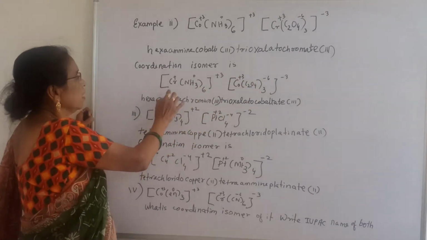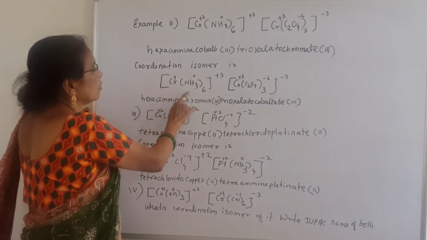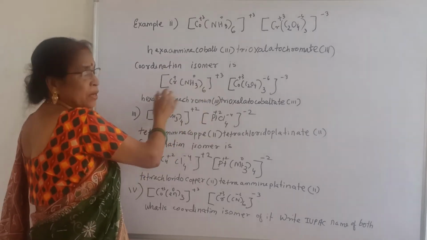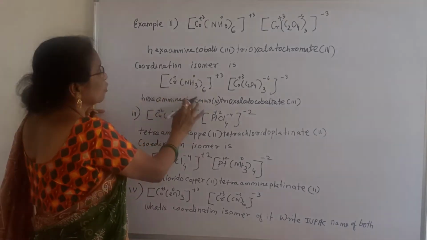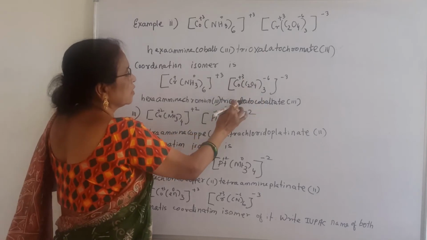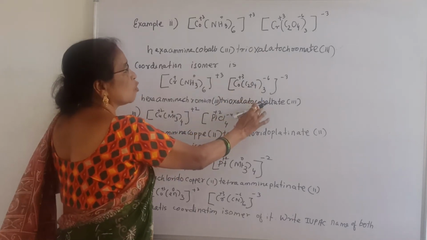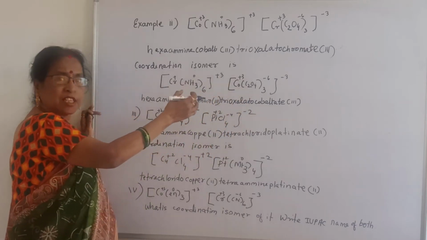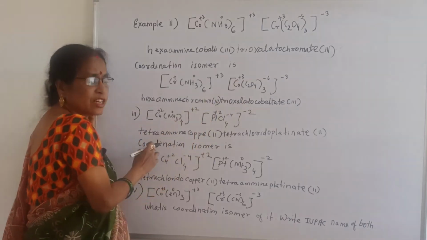That is why you change this one: hexaamminechromium(III) trioxalatocobaltate(III), because cobalt changes to cobaltate. Why? Because here it is an anionic complex.